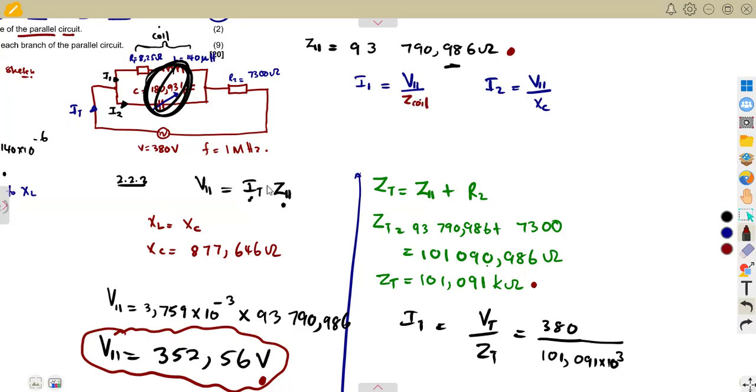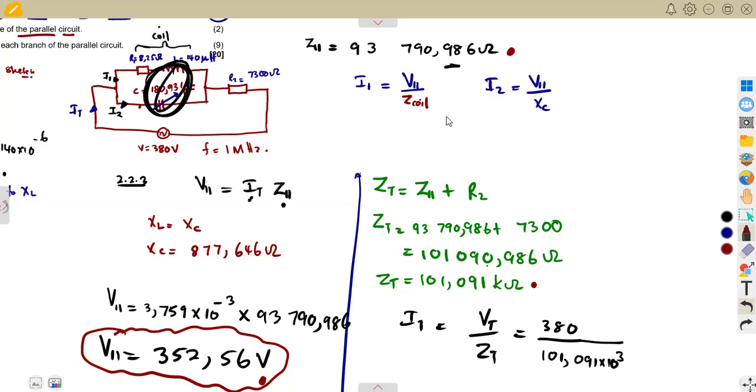We need the coil. This is the total. So we do not have Z of the coil in this case. So how are we going to take this part, because we do not have the part of the coil? We are going to consider that this is the same voltage here.